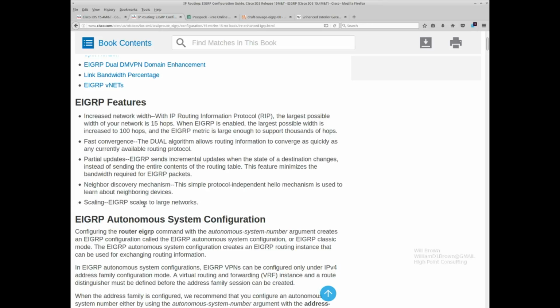And scaling. I've seen some really large networks that use EIGRP. I've also seen some incredibly large networks transition away from EIGRP to OSPF. I think the choice of routing protocol has to take needs into consideration. Needs drive the decision, and emotion is put aside, and I think that's what we see with most engineers.